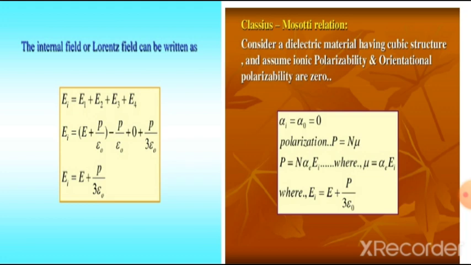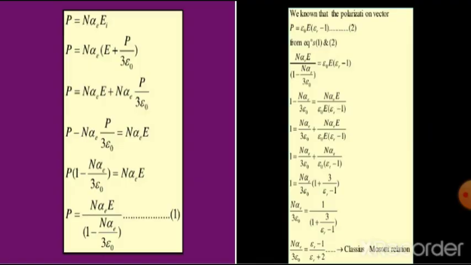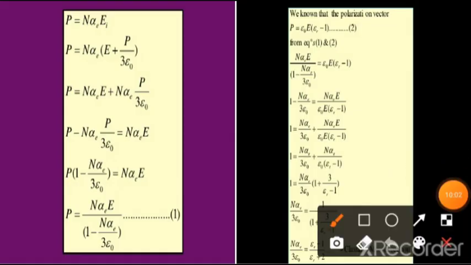And E suffix i, as we derived, is E plus P by 3 epsilon naught. Now P is equal to n alpha e into E suffix i. Substitute the E suffix i value and take this term to this side, then we get a minus. Finally we calculate the P value.